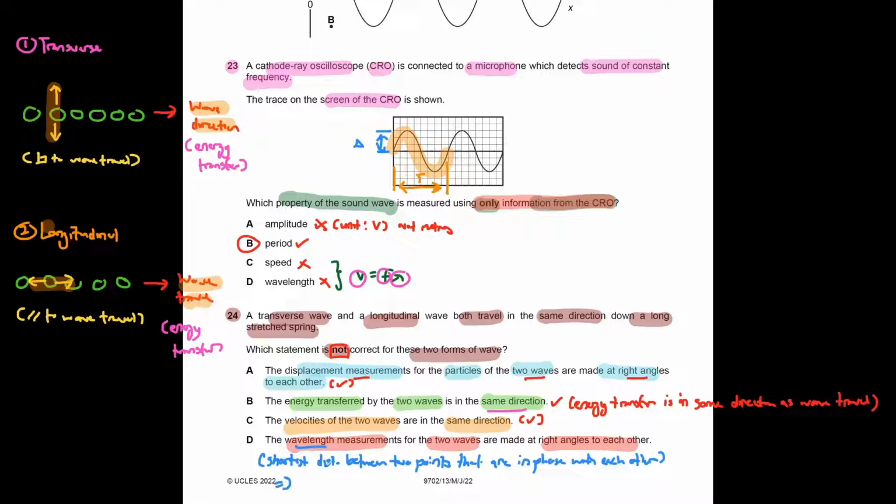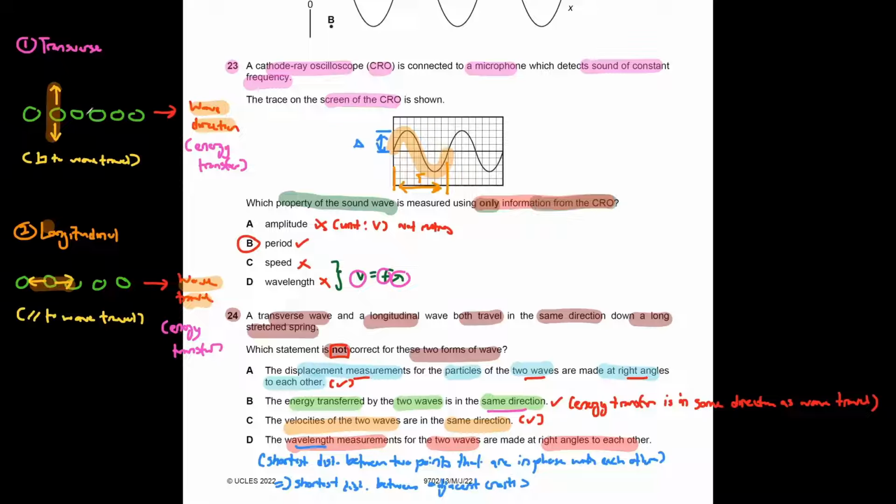So the shortest distance between 2 points that are in phase with each other could be the shortest distance between adjacent crests. Okay, so in our case here, for both a transverse as well as a longitudinal wave, if I wanted to find out the wavelength, I will have to just look at the distance between adjacent crests.